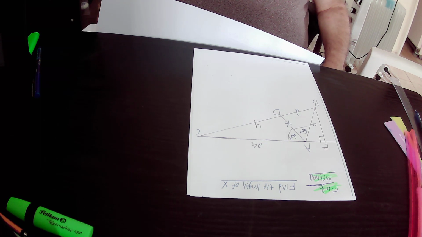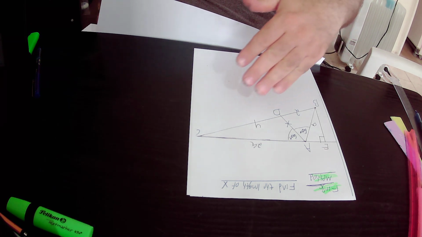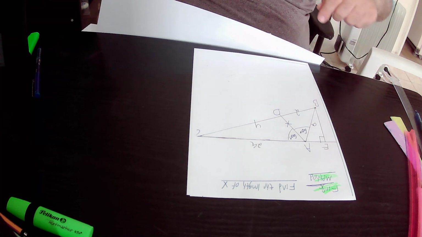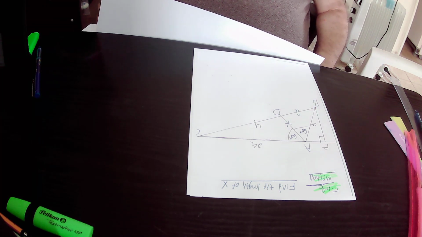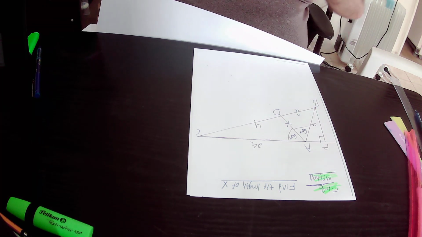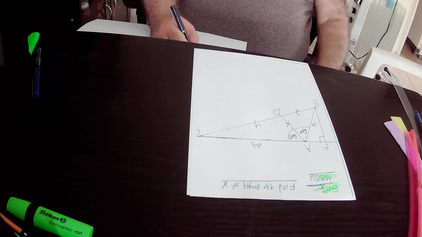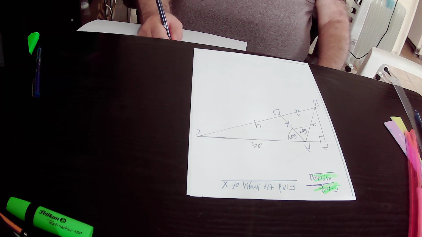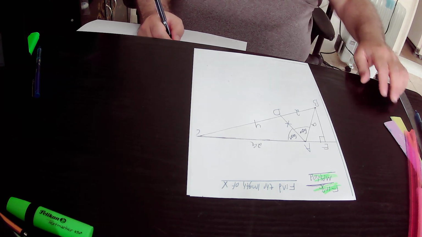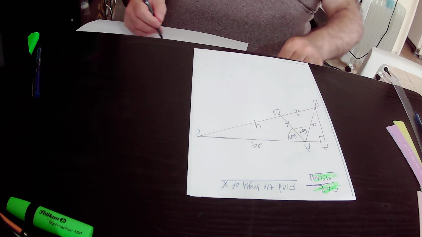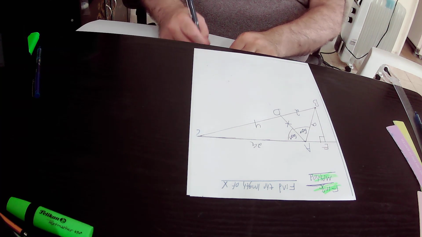So if we focus on the lower side of the straight line EC at point A, then the sum of the angles here must be 180 degrees. Which angles do we have here?